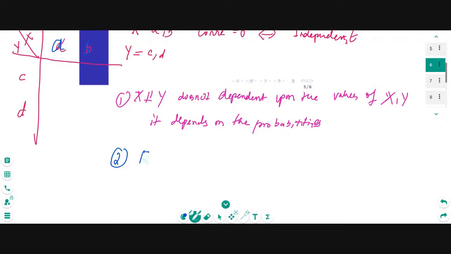Now also observe that the correlation of X comma Y is actually the same as the correlation of X minus mu x comma Y minus mu y. If we shift the origin, it will remain the same, right? Can you agree with this?